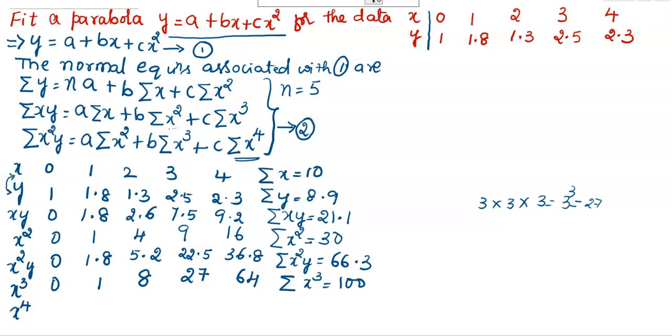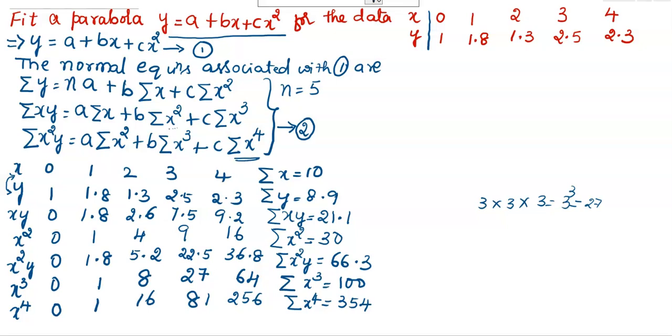So 0 to the power of 4 is 0. 1 to the power of 4 is 1. 2 to the power of 4 is 16. 3 to the power of 4 is 81. Okay. 4 to the power of 4 is 256. So sum of x to the power of 4 is equal to 354, right?